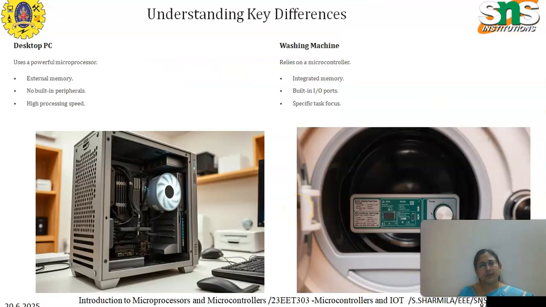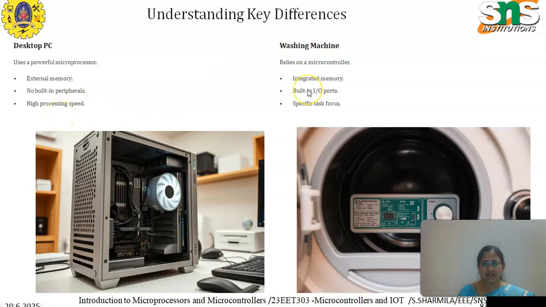And we know the key differences between the desktop PC and washing machine. The desktop PC uses a powerful microprocessor. It has external memory and no built-in peripherals, and it gives high processing speed.